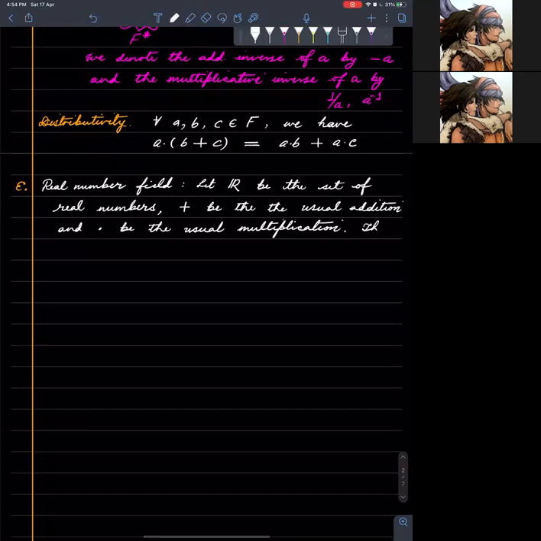Then it is just a simple check, and it's a good exercise to do it. This is a field.